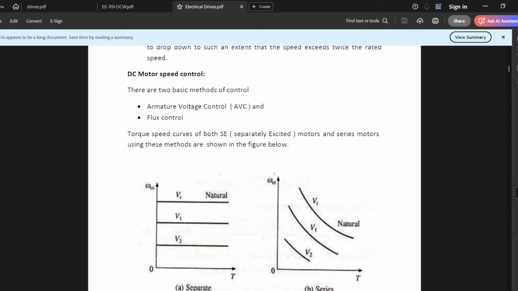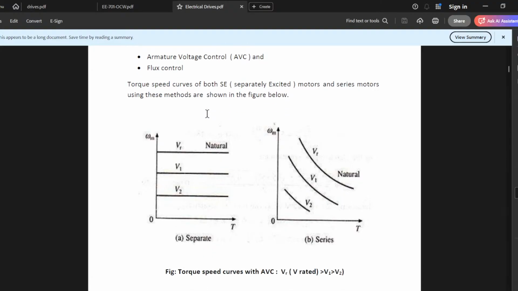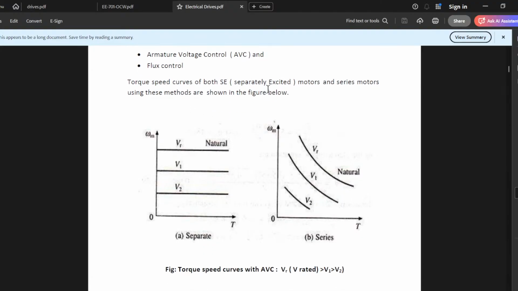So for DC motor speed control, we have armature control and flux control. IA, RA, these are all armature parameters, and flux is phi. Torque speed curves of both separately excited motors and series motor using these methods are shown. Got it or not?